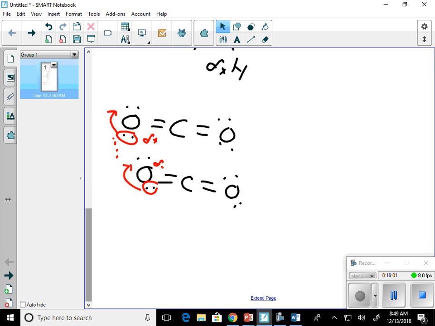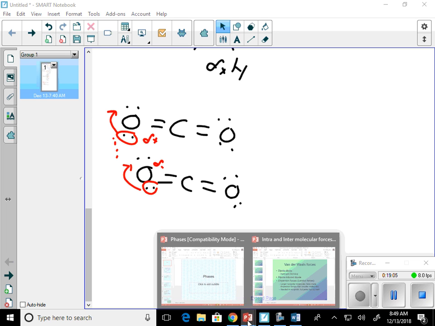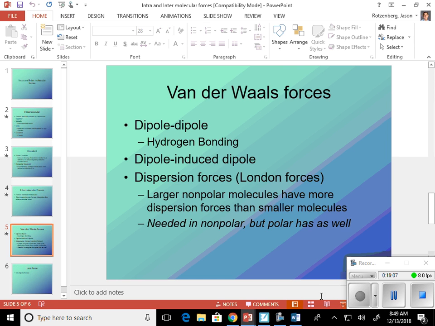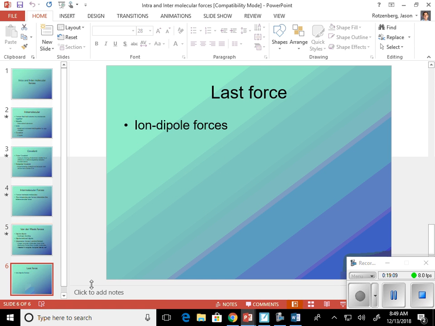Okay, there's one last term I have to bring up to wrap up notes then. And that term, I'll just keep it on this view here, is ion dipole forces. Ion dipole forces deals more with dissolving ionic compounds in water. What's that force of attraction?